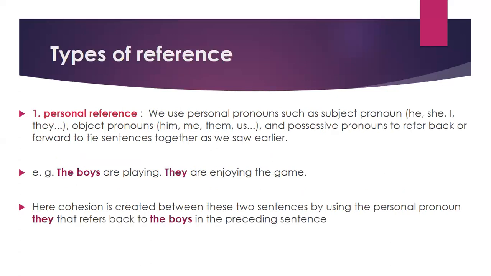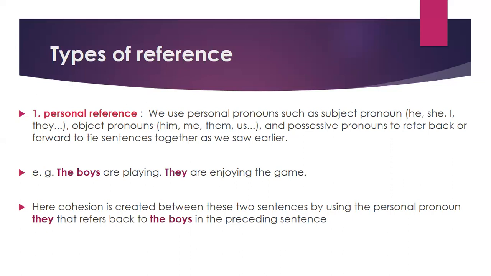Here we have types of references. The first one is personal reference. We use personal pronouns such as subject pronouns he, she, I, they, etc., object pronouns him, me, them, us, and possessive pronouns to refer back or forward to tie sentences together, as we saw earlier.